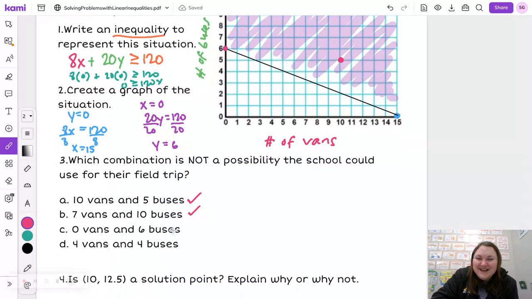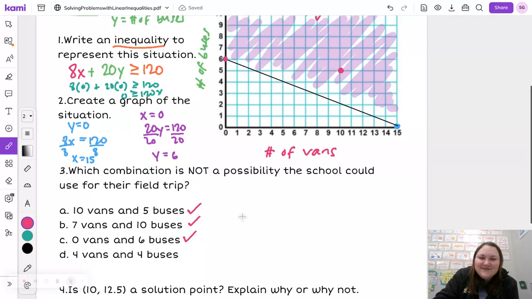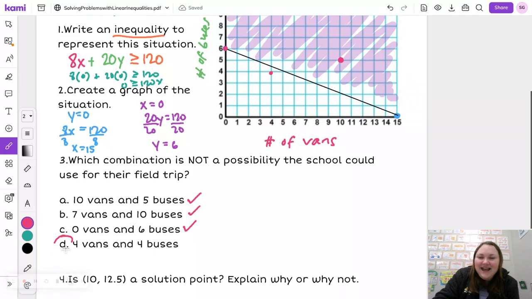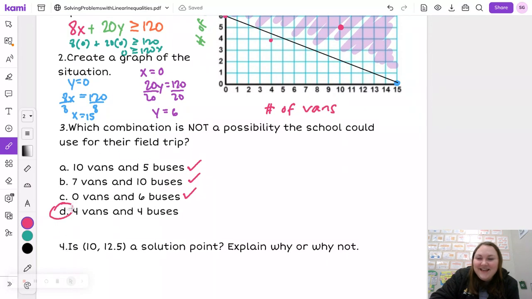That is a possibility. So it's looking like it's this last one, 4 vans and 4 buses, right here. It's close to the line, but it's not in that shaded area. So this one right here, that would be our combination. That is not a possibility. And if you do the math for that, you see that it's less than 120 students.